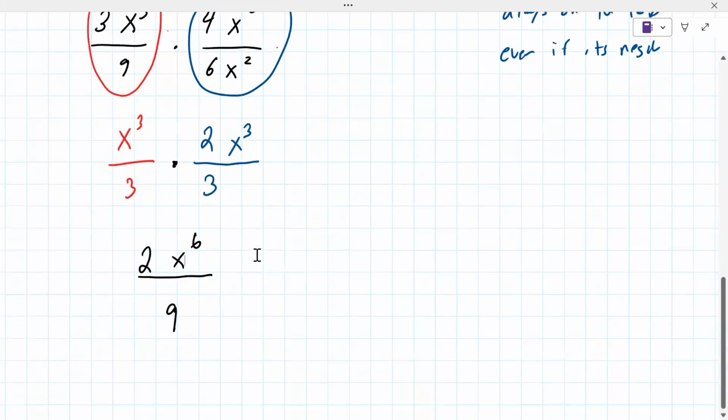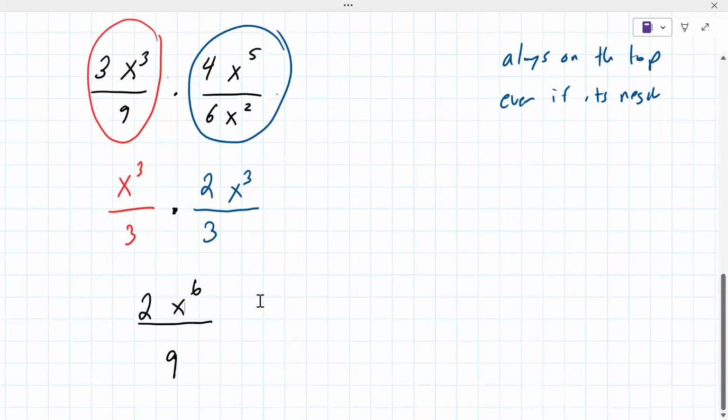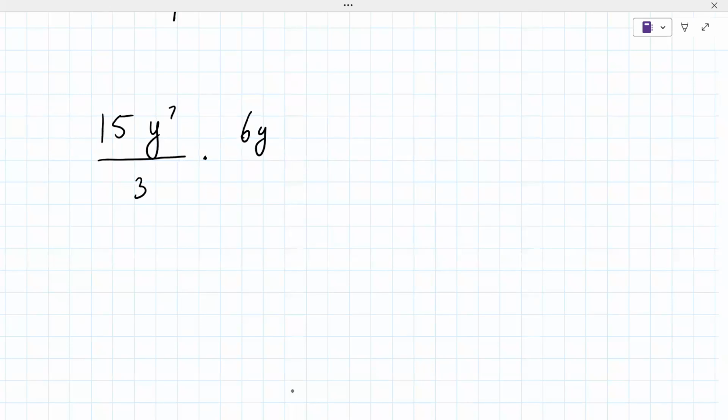All right. I'm going to give you one here to try on your own. Do you need to get any of this down in your notes before I do that? Yeah. Okay, I'm good. Okay. Let's go 15y to the 7th over 3 times 6y squared over 9y.